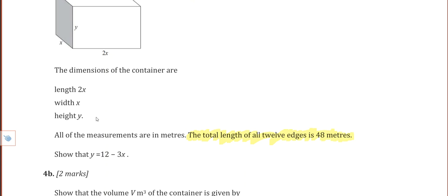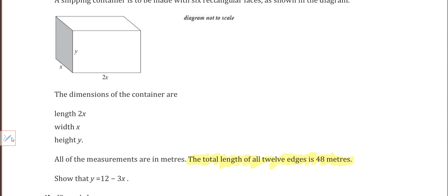So, what do we have? On my diagram, my 12 edges are, well, that's x, that's 2x. This would be y. This one would be 2x. This one would be x, 2x, x.